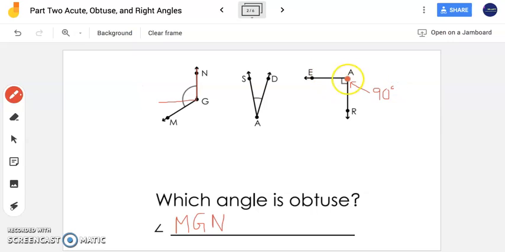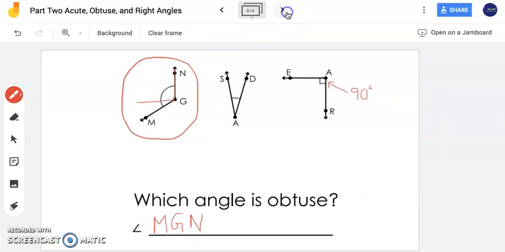You will see this box to help you figure out if it's a right angle when it's forming that L. Now notice again, this question was asking which angle is obtuse, therefore this angle MGN is clearly our answer here.